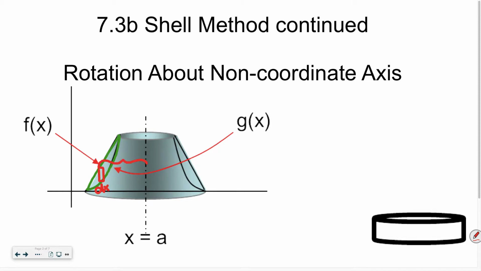How far away are each of those rectangles from x equals a? Think about it first. Maybe discuss it at your table before we bring it up to the whole class. How far away are those rectangles from x equals a?